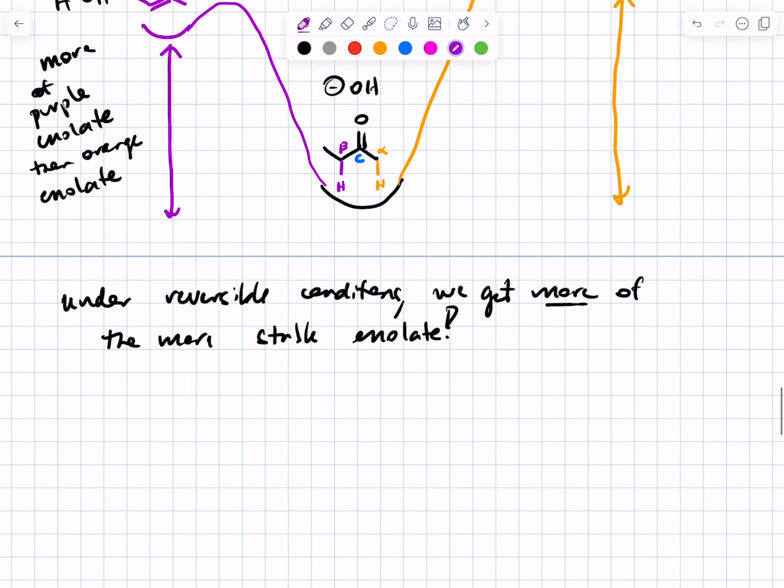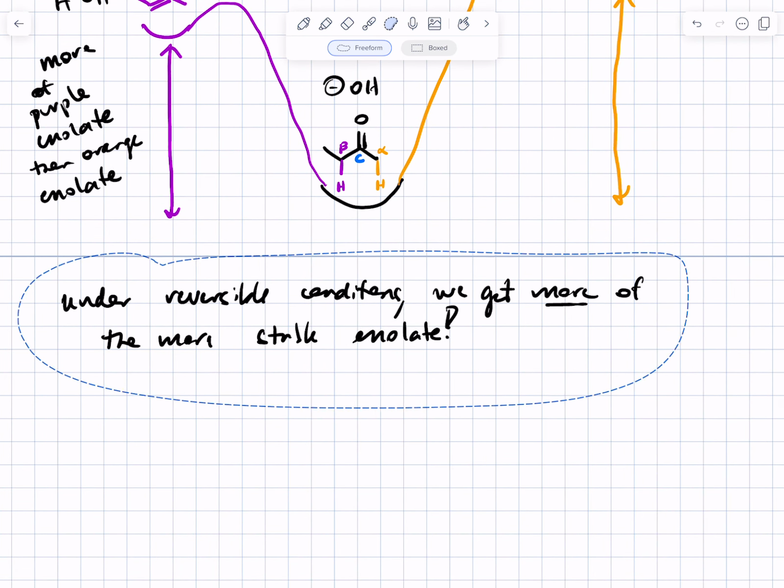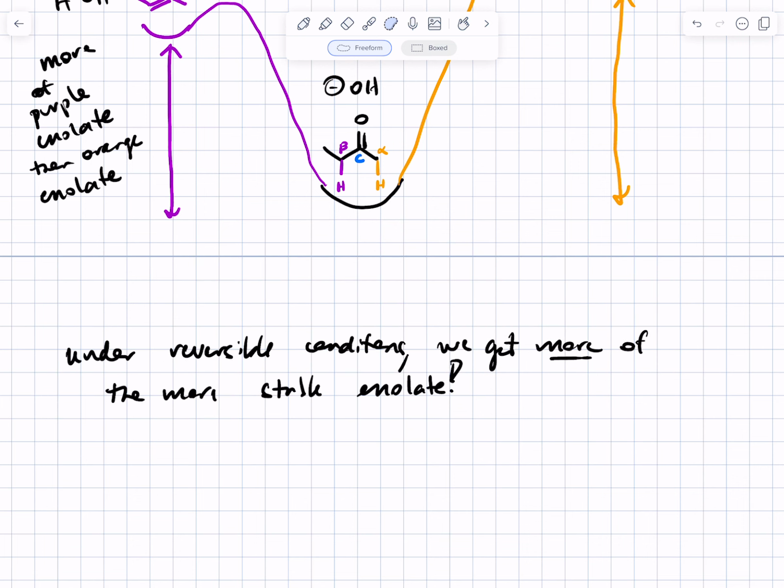People will often talk about, not so much in your text, I think, but you'll hear chemists talk about reactions being under thermodynamic control. All that means is they're running the reaction under reversible conditions so that the product you get is the more stable one.